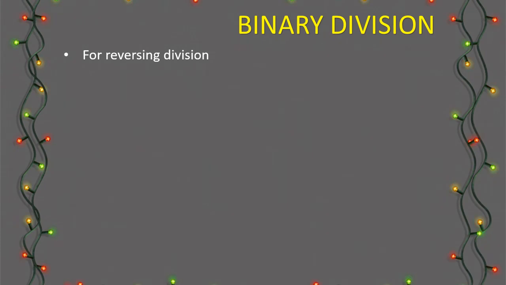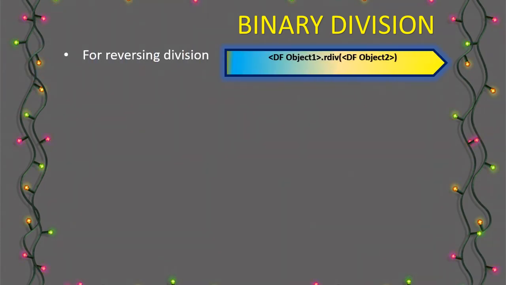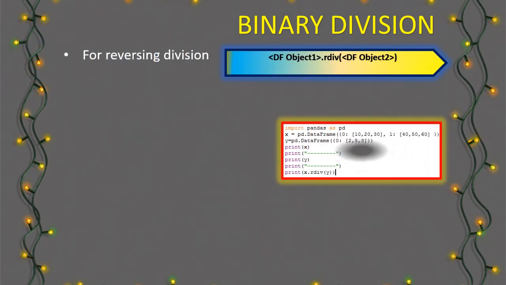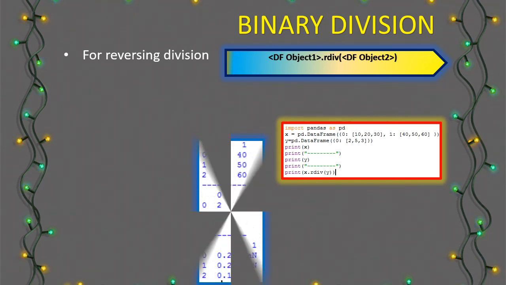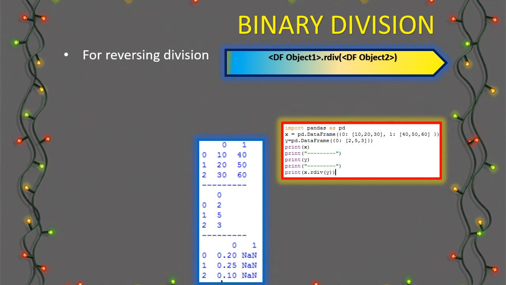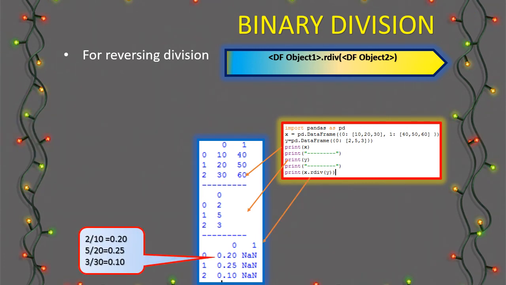For reverse division, use the rdiv function. Like reverse multiplication, we can perform that. So here x is 3 rows 2 columns, y is only 1 column 3 rows. So x.rdiv(y) means y divided by x.